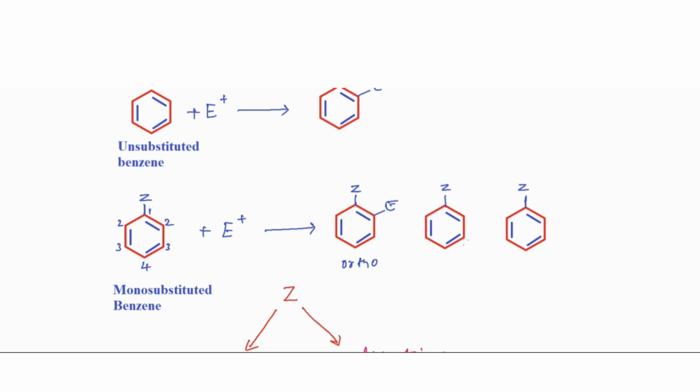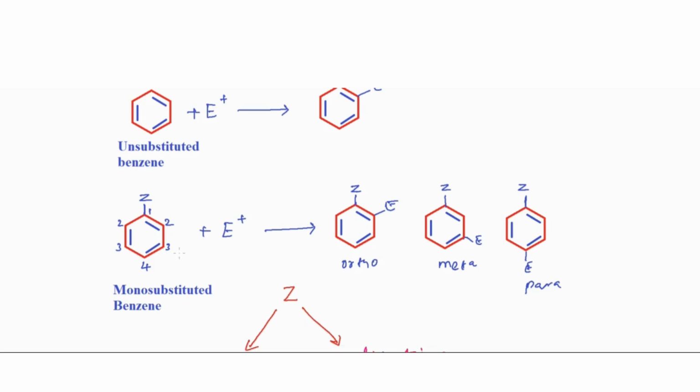If it is at the third position, it is called meta. If it is at the fourth position, it is called para substitution. That is the relation between Z and the electrophile. 1 and 2 is ortho, 1 and 3 is meta, 1 and 4 is called the para position. So the Z group is deciding the incoming electrophile's position on the benzene ring.